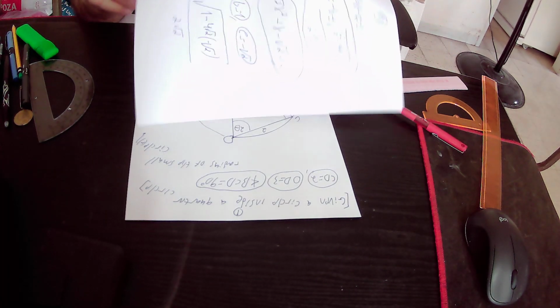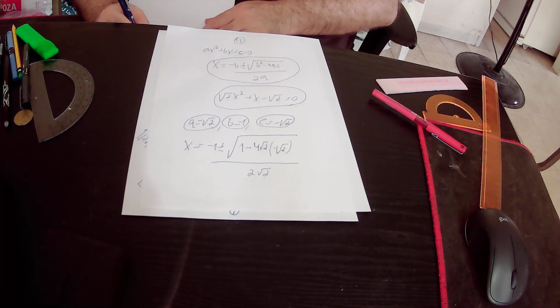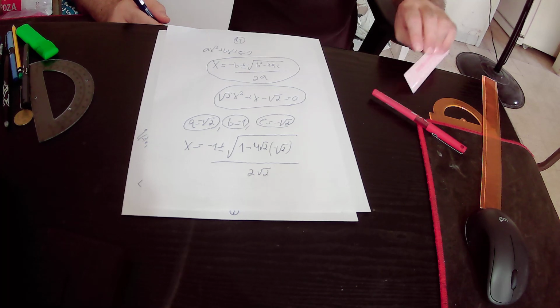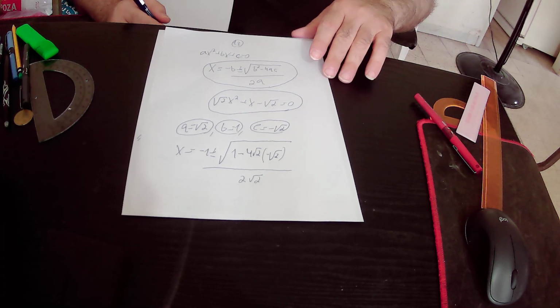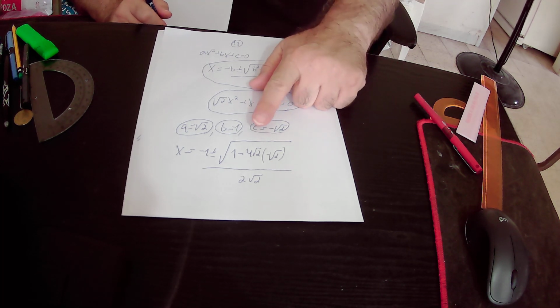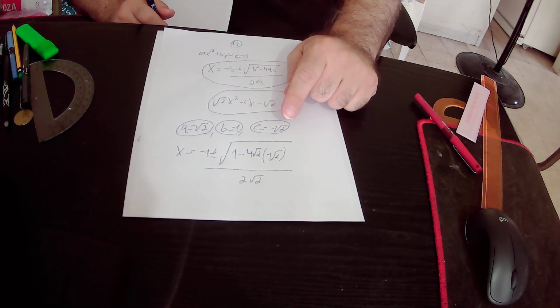Okay, so x equals minus 1 plus minus, here minus times minus is plus, and root 2 times root 2 is 2, and 2 times 4 is 8, and 8 plus 1 is 9.